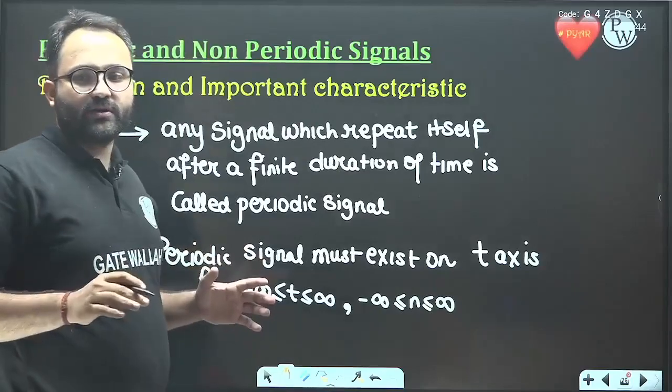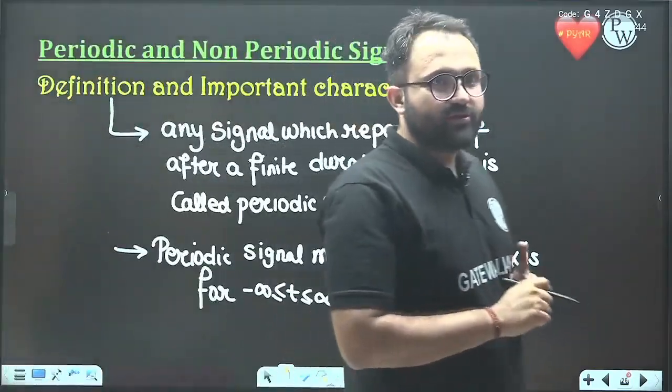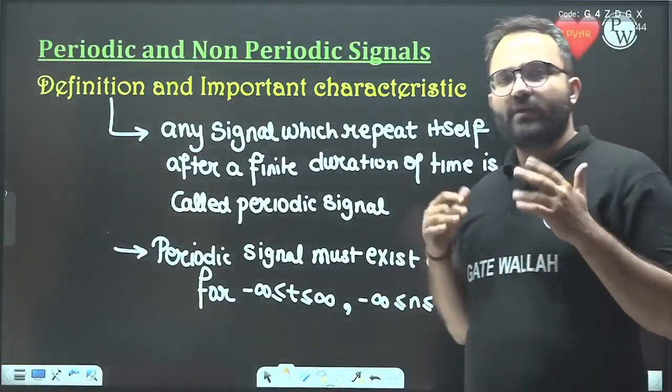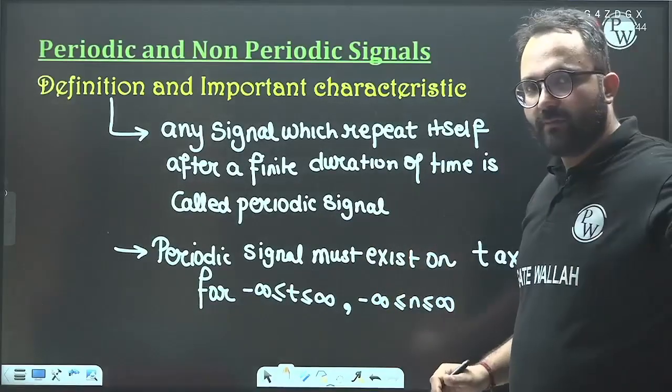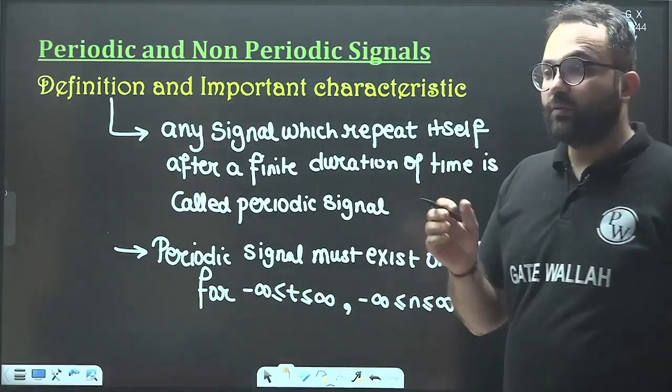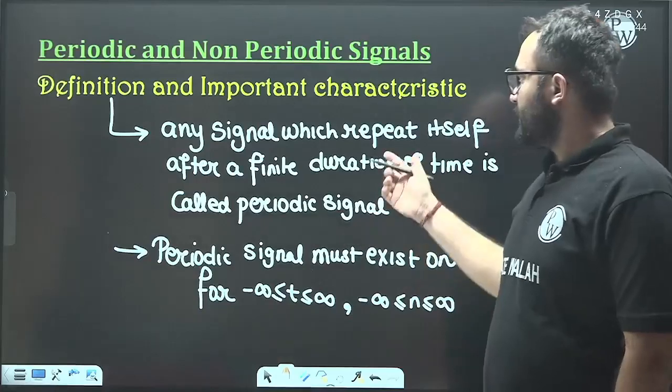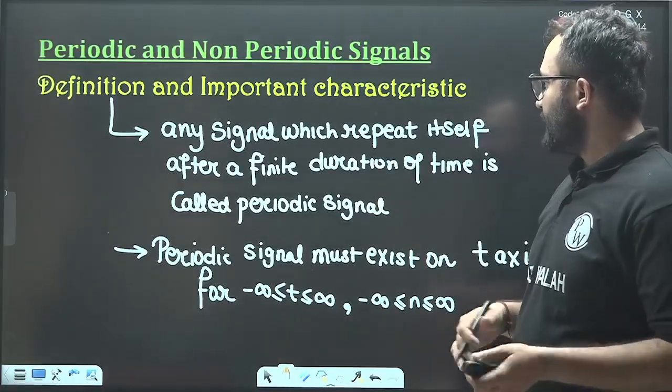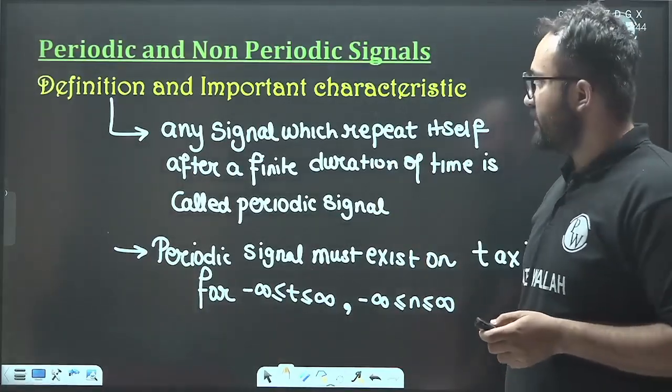So it is very important that the signal should exist on the time axis or n-axis for the infinite range, that is from minus infinity to infinity, then only it is periodic. And first thing is, any signal which repeats itself after a finite duration of time is called periodic signal.